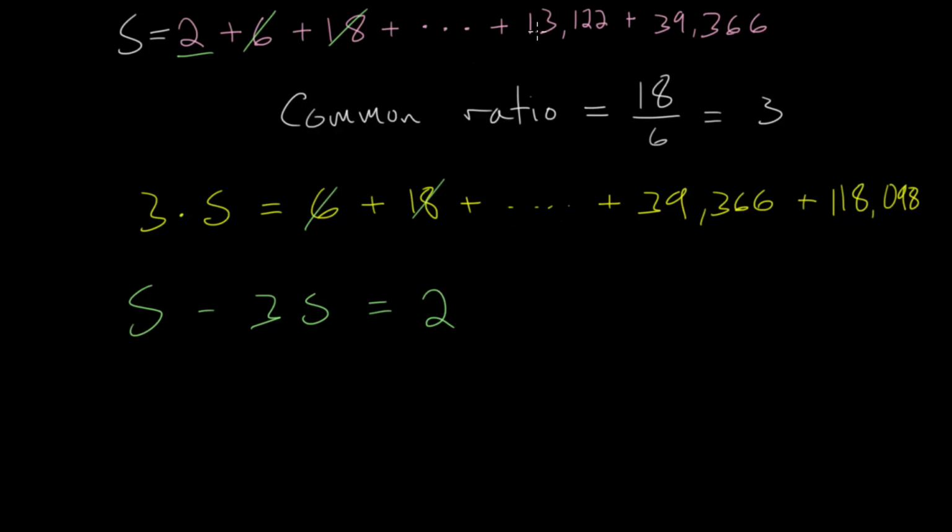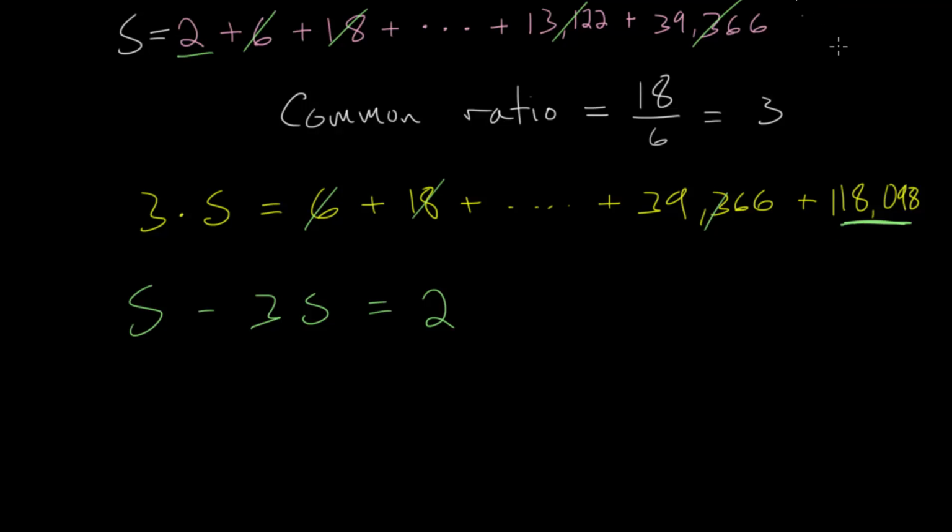And this 13,122 would cancel with the term before this in this series, so that would cancel out. And 39,366, we're subtracting that same number from itself, so that will cancel. But notice, in this case, which we didn't see when we had infinite geometric series, there is one term left over at the end.